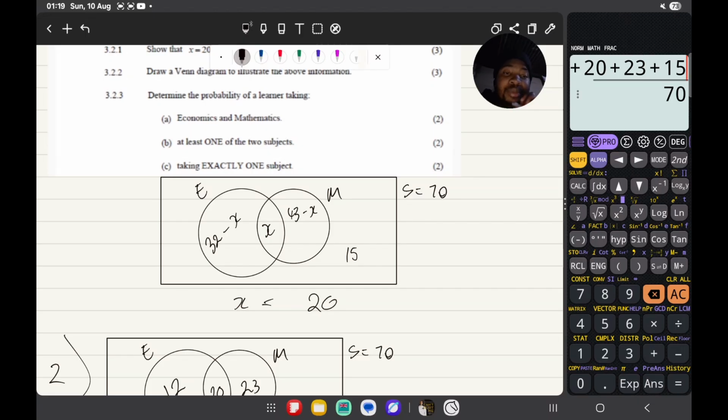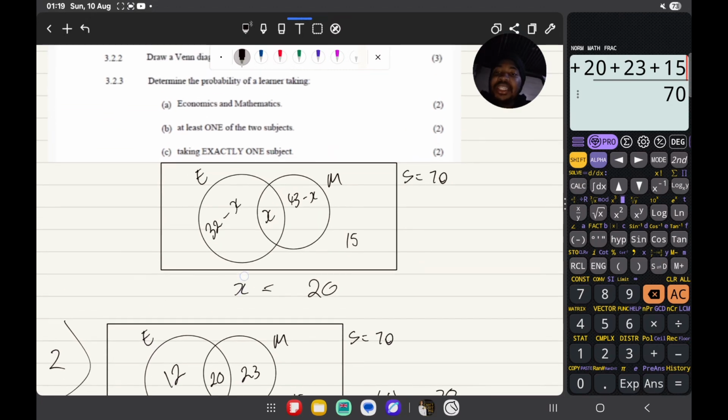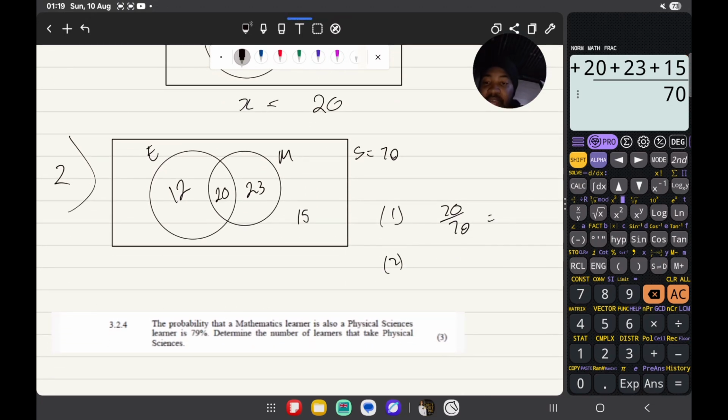They are asking you the probability of taking economics or mathematics. And you know that the or is basically all the circles being shaded, which is going to be 12 plus 20 plus 23 over 70.